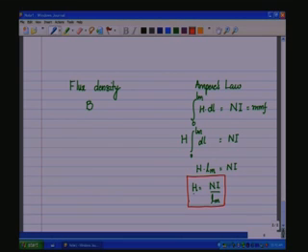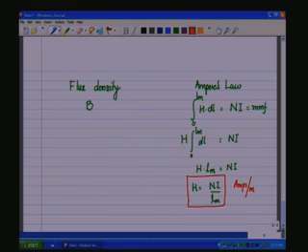The magnetic field intensity H is equal to Ni, the MMF, divided by the magnetic path length Lm. This has units of amps per meter.